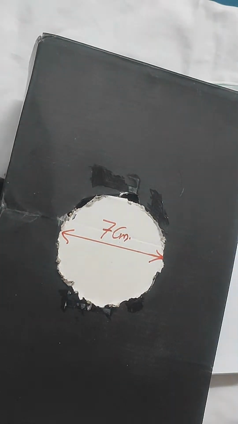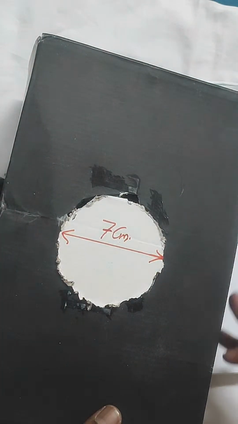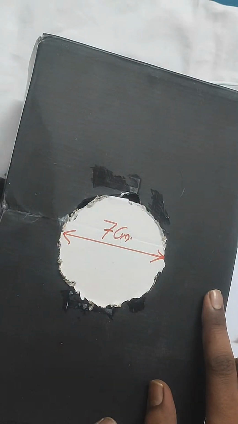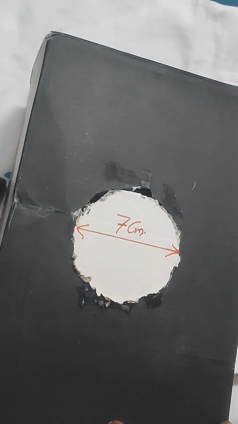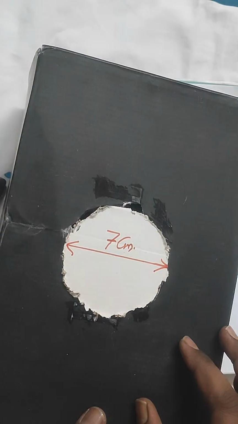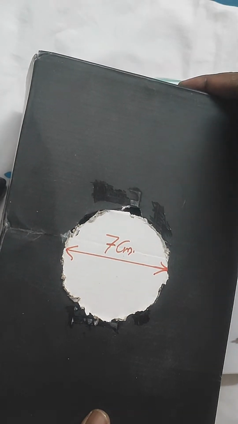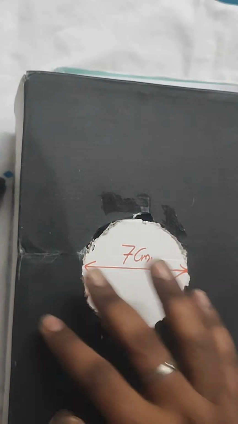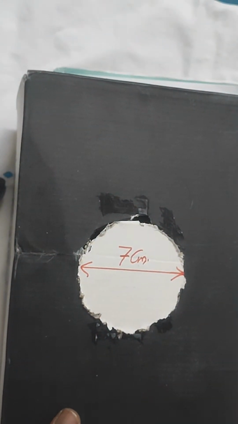First of all, you know the surface area of a box: length into breadth for the top, length into breadth for the bottom. So 2 into lb plus 2 into bh plus 2 into lh. You can easily calculate the surface area of the metallic block.